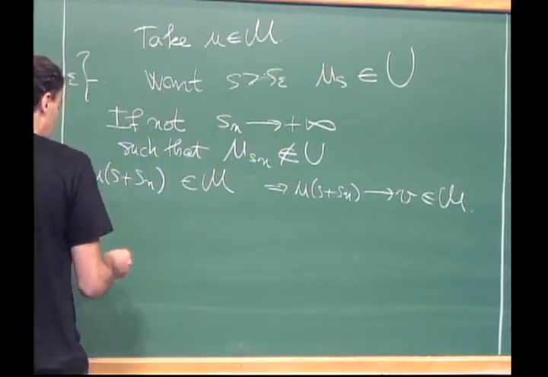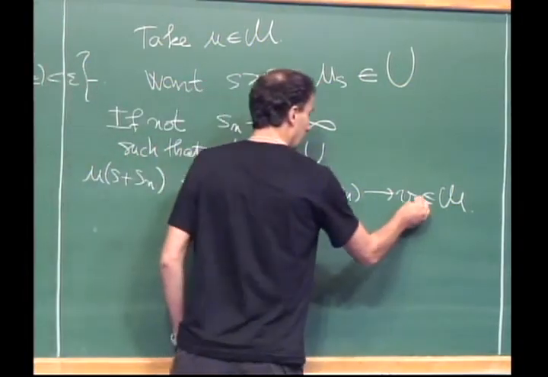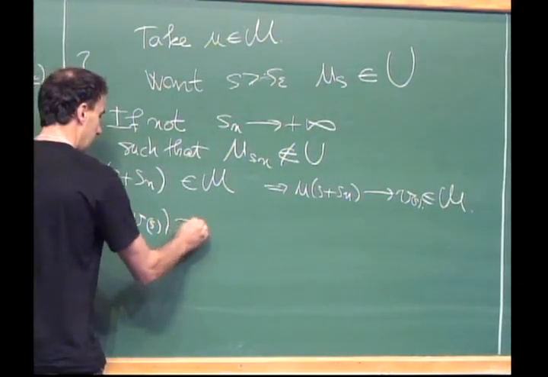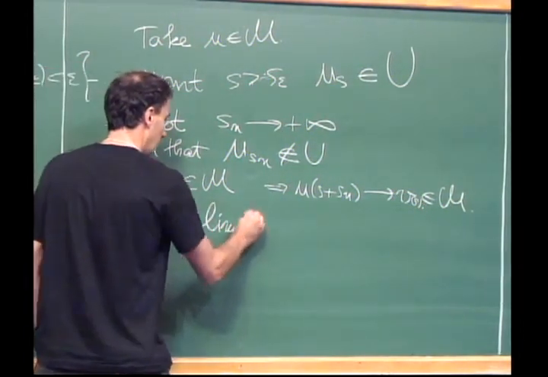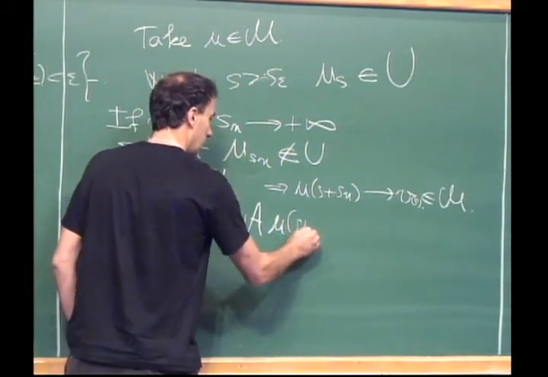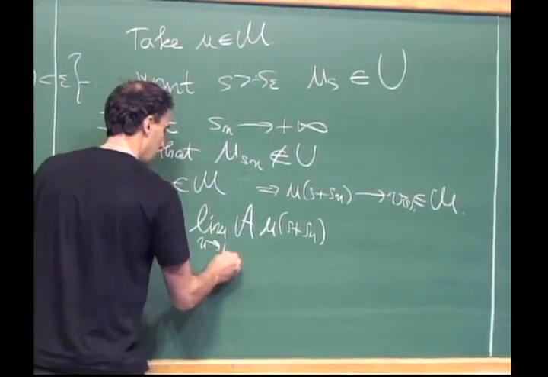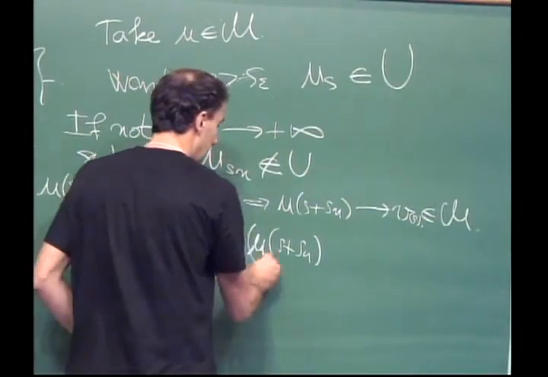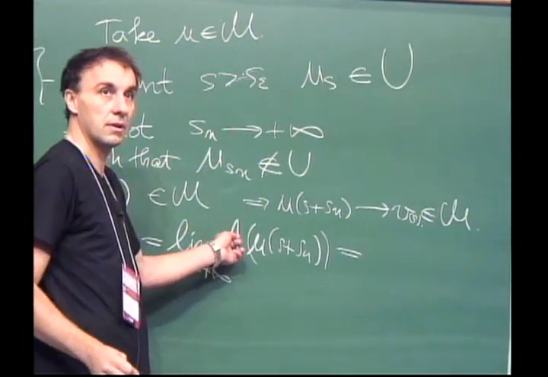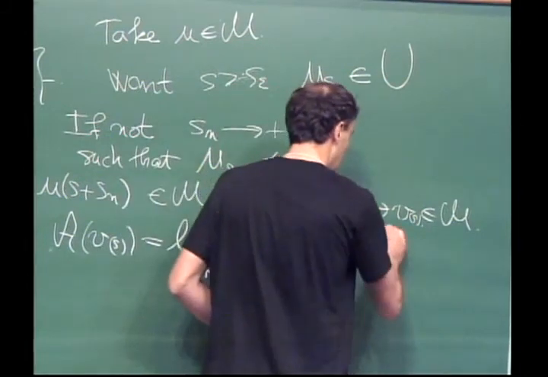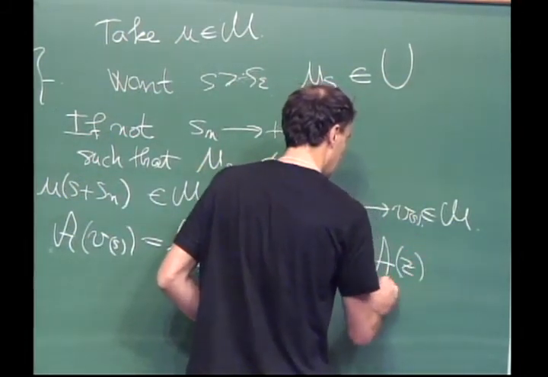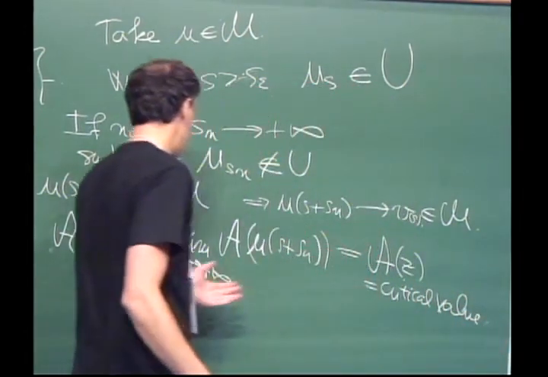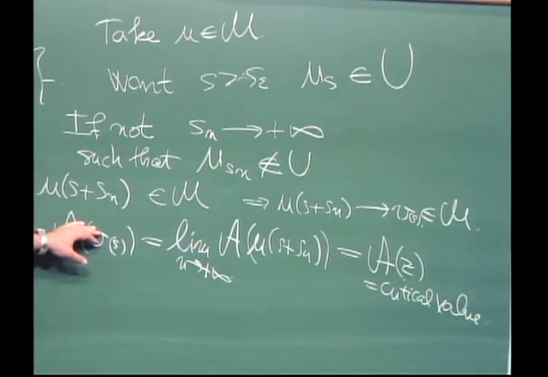To prove this, it's not very difficult, because if you write this, which is the limit of this expression, now remember that I showed that this is a critical value of A. So this is A of z, a critical value. But what is important here is that it doesn't depend on s.